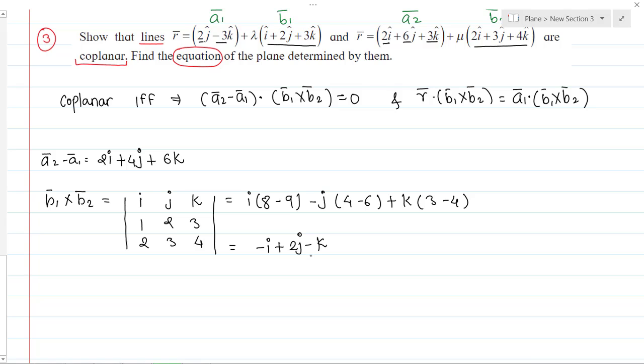So b1 bar cross b2 bar is minus i plus 2j minus k.